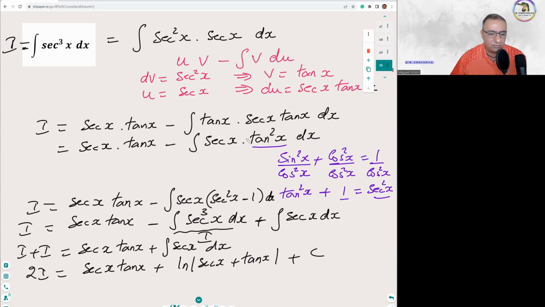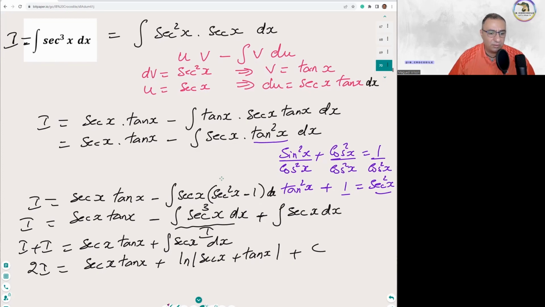You can just divide all of this by 2. So that will be the integration of secant x to the power of 3. So I at the end of the day is going to be 1/2 multiplied by all of this, plus c. C over 2 is just c. That's fine.